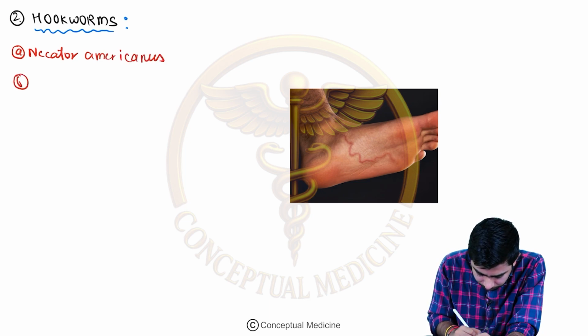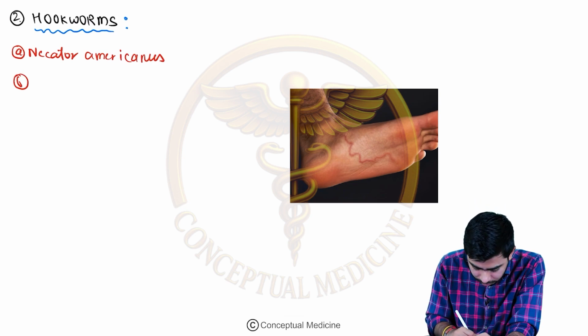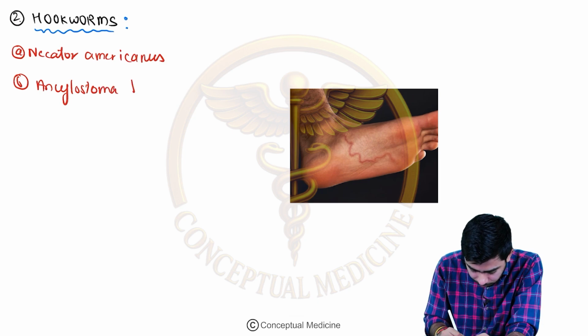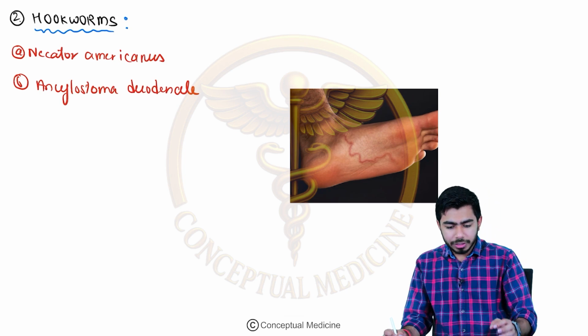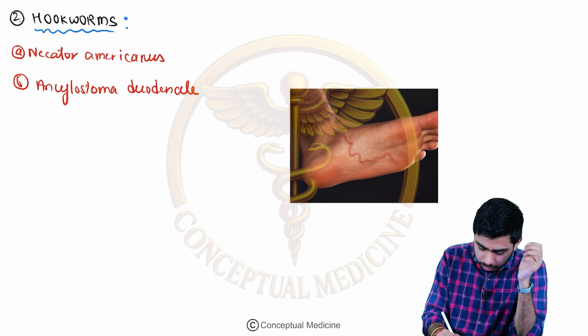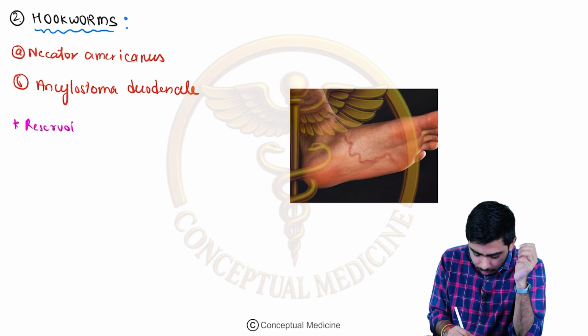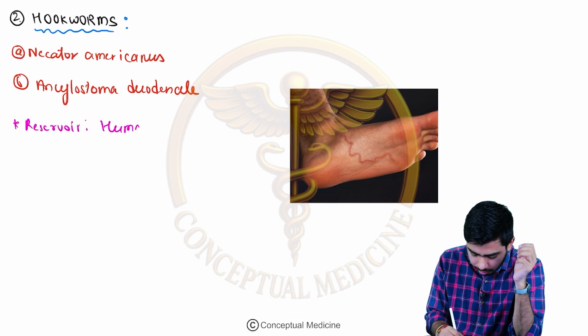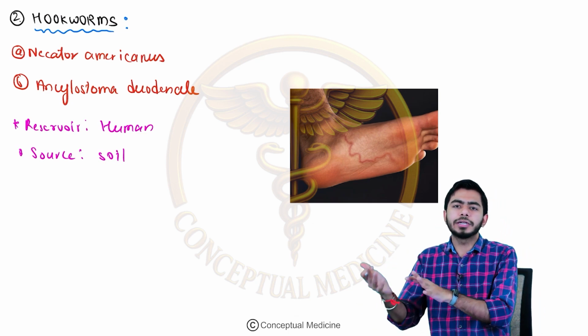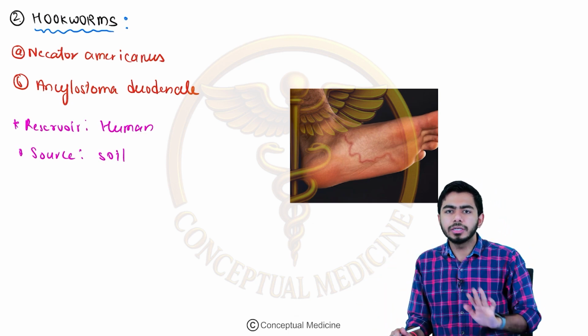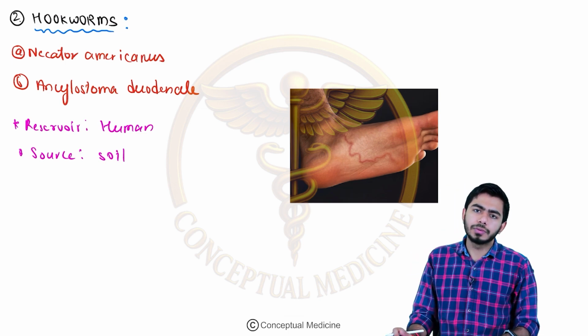So basically this is the hookworm, and the reservoir of the hookworm is obviously the human, and the source over here would be the soil. These are soil transmitted helminthic infections, getting transmitted from the soil.